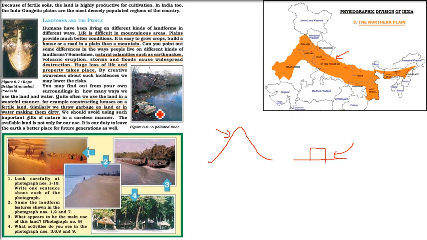So we have to take care of all these landforms. This is a river, and we have just polluted it. We are putting plastics and all the industrial waste here. These landforms are there for sustainable development, so we want them to be intact, and we want to keep them as they are.